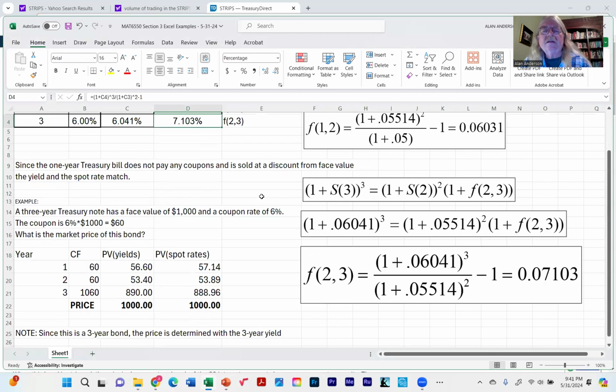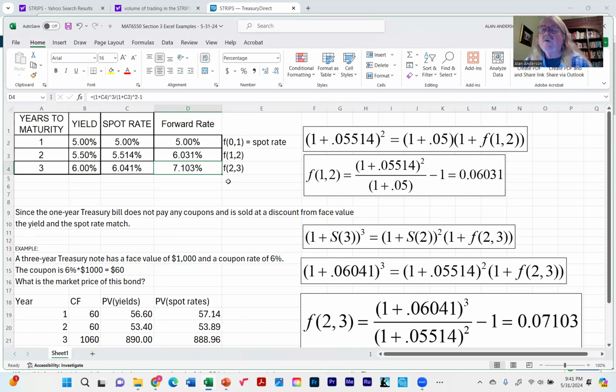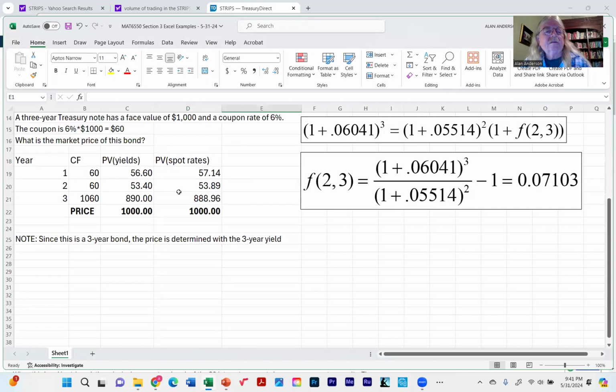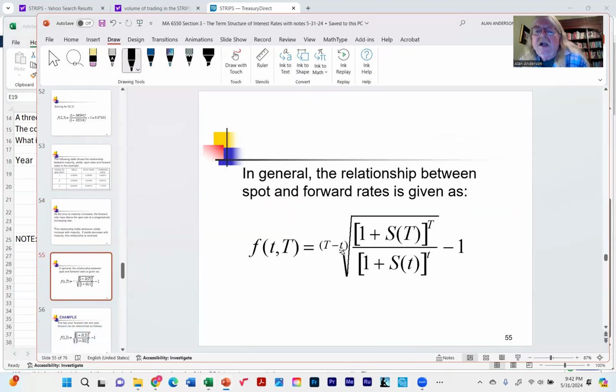Now, we would like to confirm this. But pricing with forward rates is a little bit different than pricing with yields or spot rates. So that's going to be a little bit trickier. Let's see. And here's the general formula for forward rates.